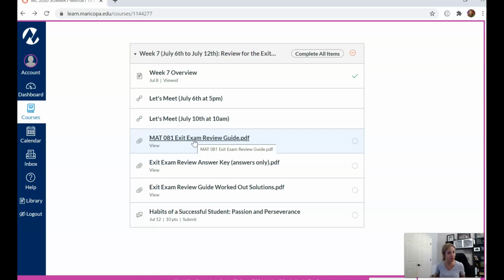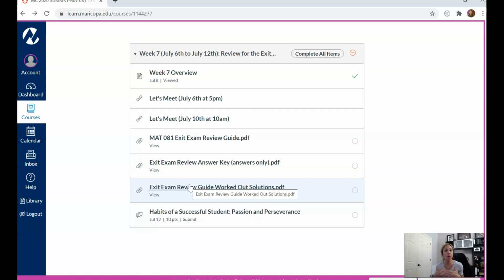So it's not in the Moore system. It is just a paper pencil review guide, or of course you can pull it up on your computer and do it on your own sheet of paper. Then I have an answer key that has answers only. So if you just want to do your work and check the answer, you have that version. And then I also have an answer key that has its worked out solutions. So it's more like a solutions guide.